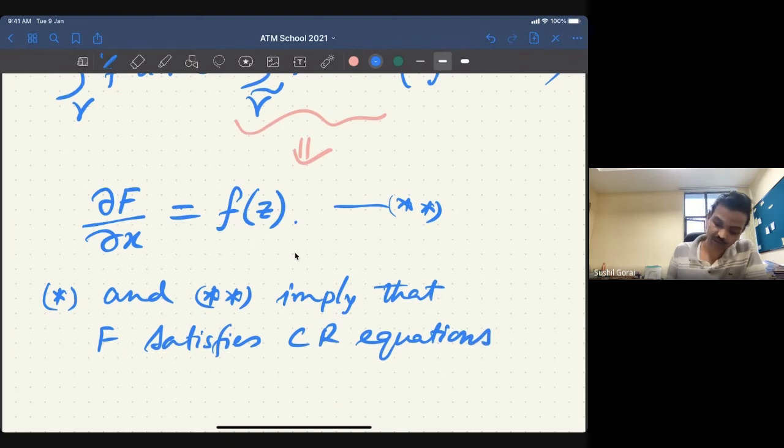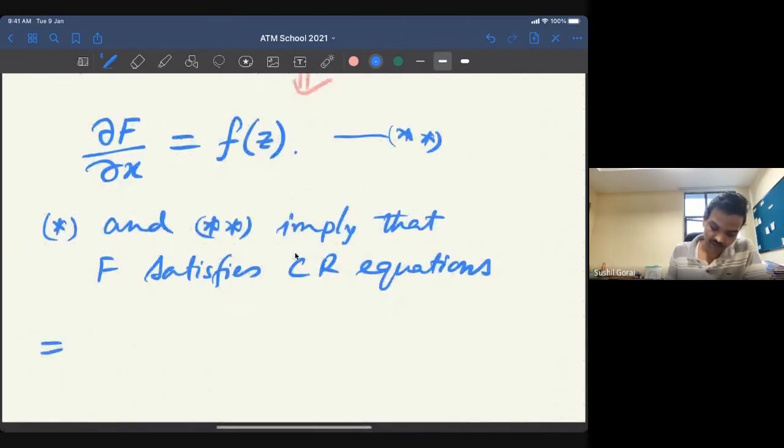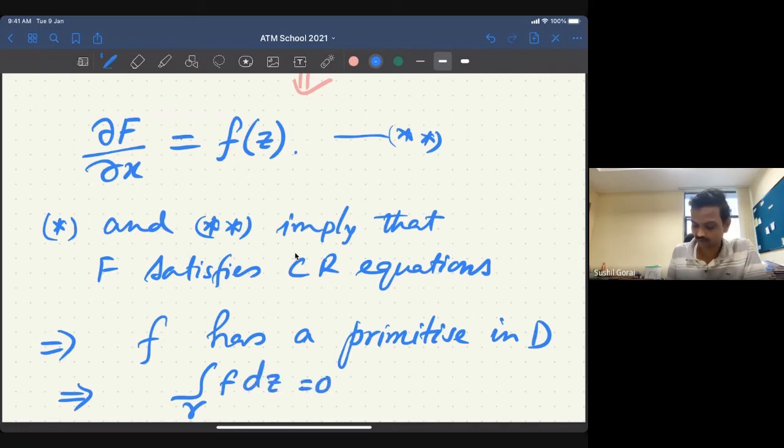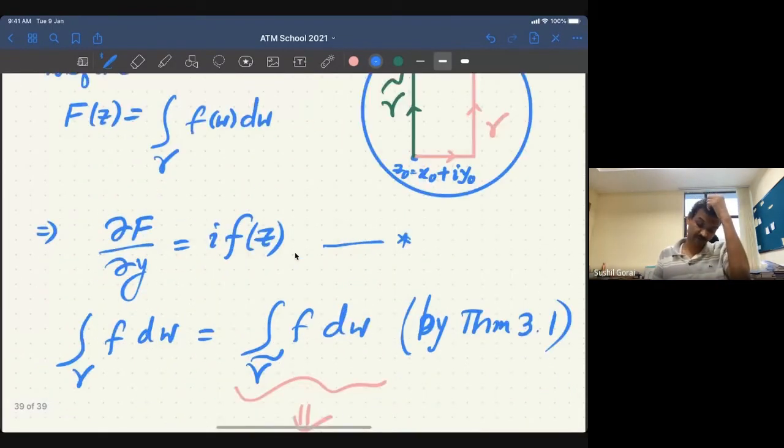That's what I showed you. And this implies f has a primitive in D. And then this would imply integration over gamma of f dz is 0 for every closed curve in D. Is this fine?